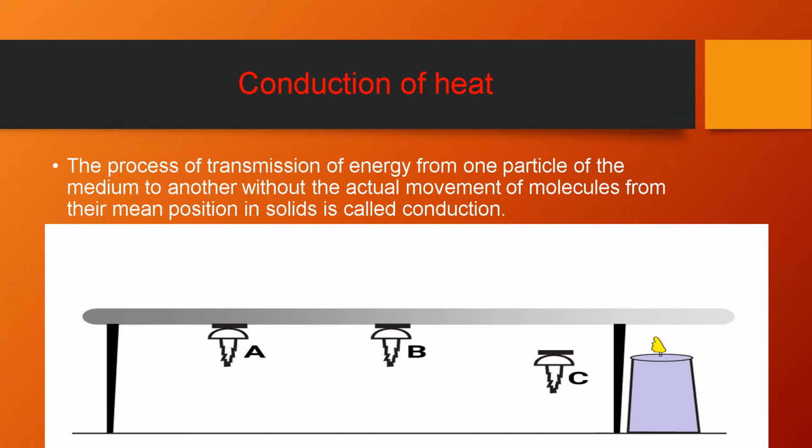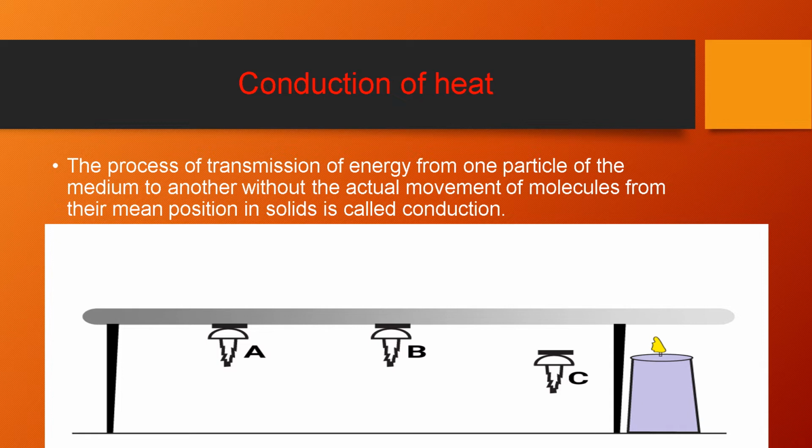Then take three or four small nails, or you can also take pins or thumbtacks, and fix them to the ruler using molten wax. Then at one end of the ruler you start heating using the candle.